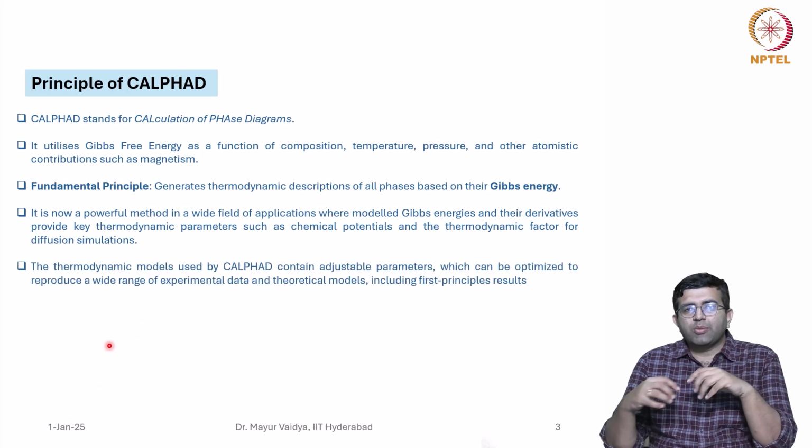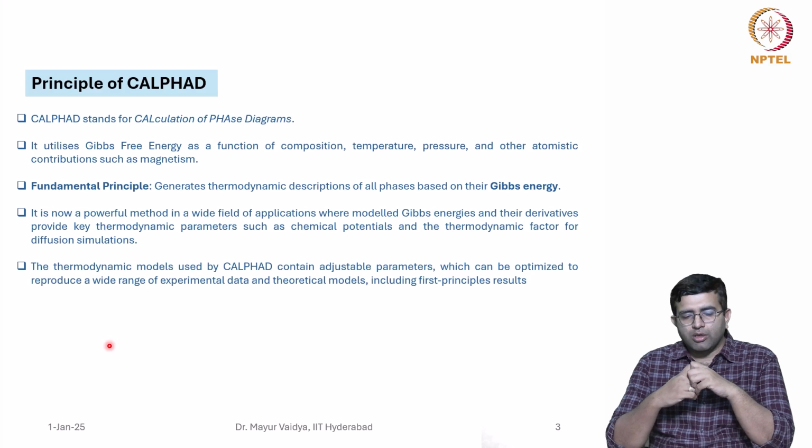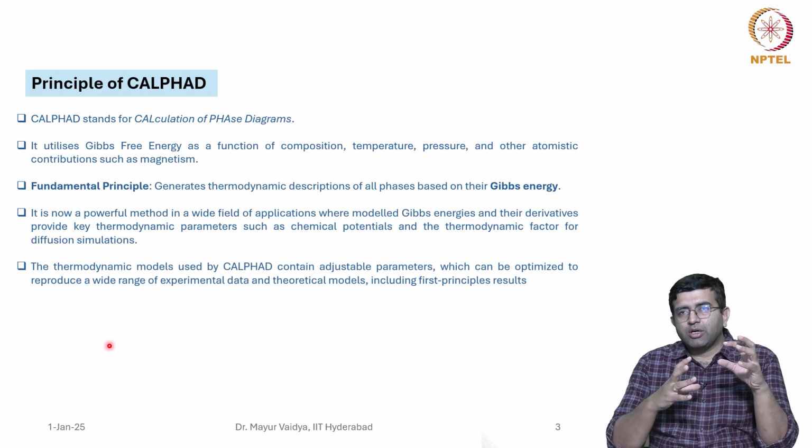So, the thermodynamic models used by CALPHAD contain adjustable parameters which can be optimized to reproduce a wide range of experimental data and theoretical models, including first principle results. So, again for the prediction you need certain data which already exists. It is not to say that the experimental results are not very important.